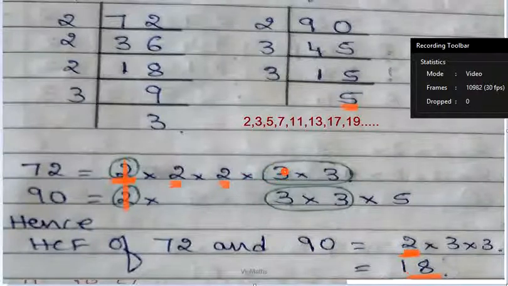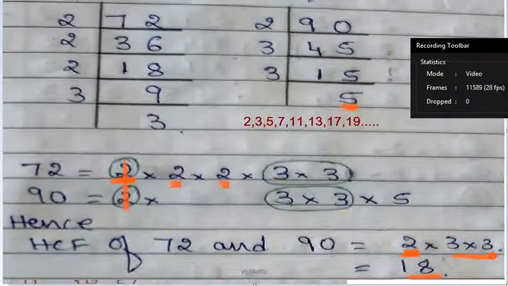Next, 3 is here, 1 time common here, 1 time common here, we chose. Next, one more 3 is here, one more 3 is here. So we got a total of 2 times this 3 as common. So that only I am writing: 3, how many times? 2 times.